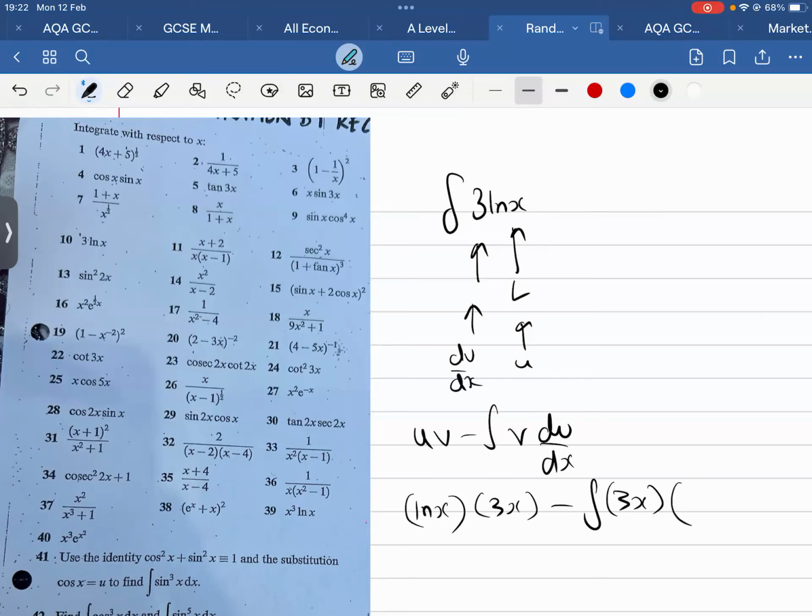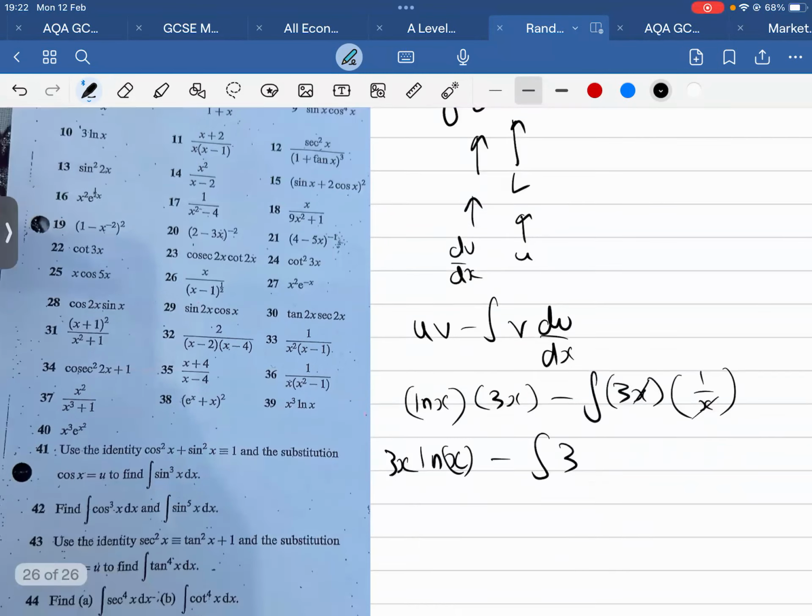So ln x differentiates to make 1 over x, and then the x is cancelled. So it's 3x ln x minus integrating 3, which is 3x ln x minus 3x plus c.